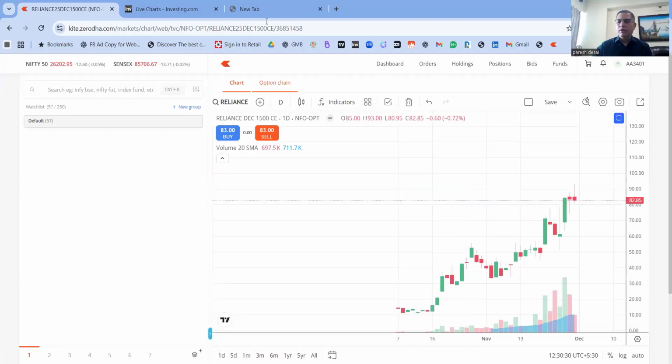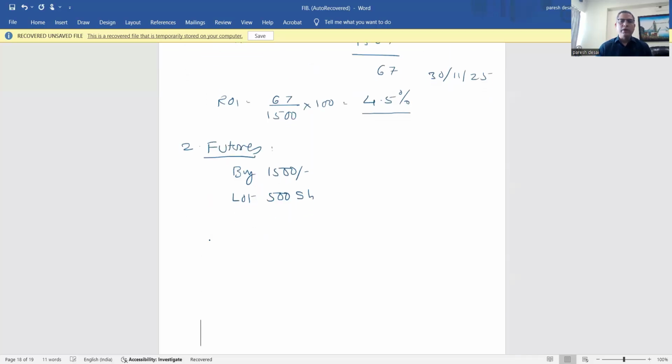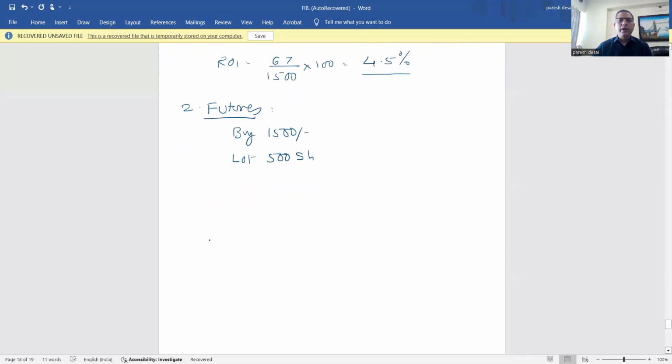So now I'm comparing the futures with the equity. If I take a Reliance futures, what would happen is we are buying at 1,500. The lot size is 500, and over here the price has gone up.